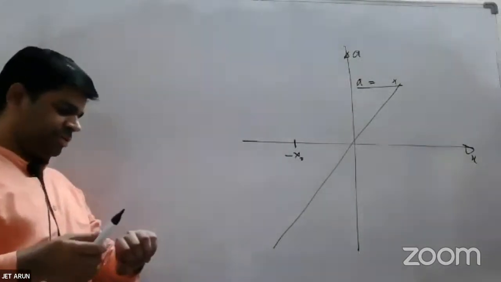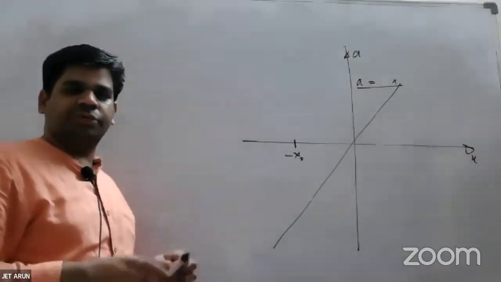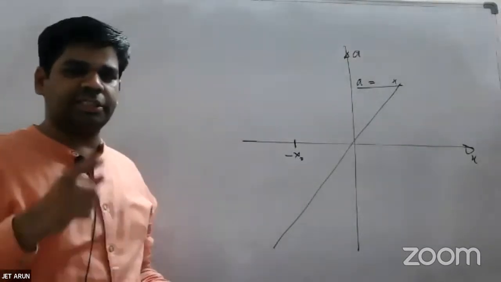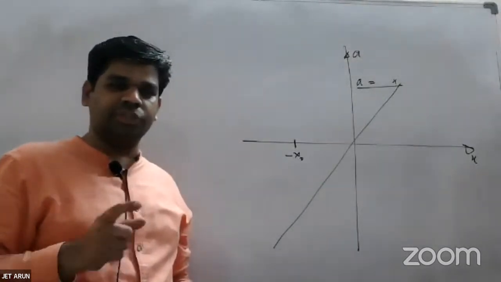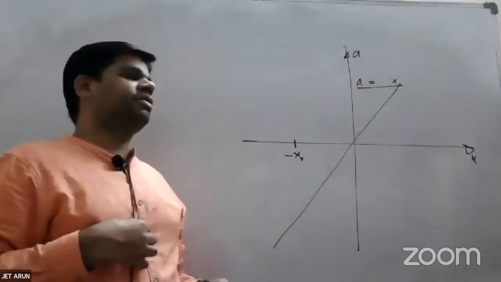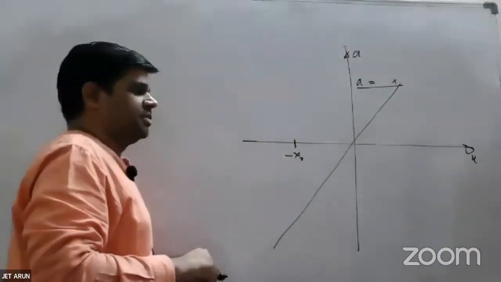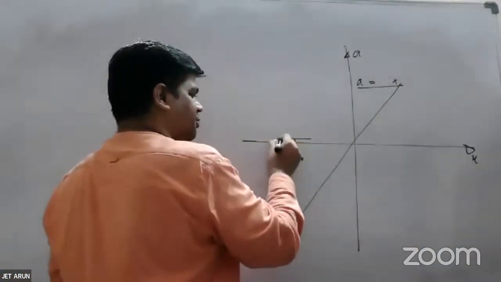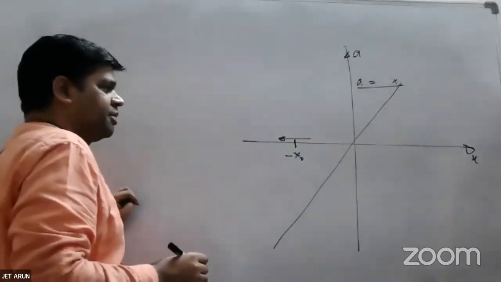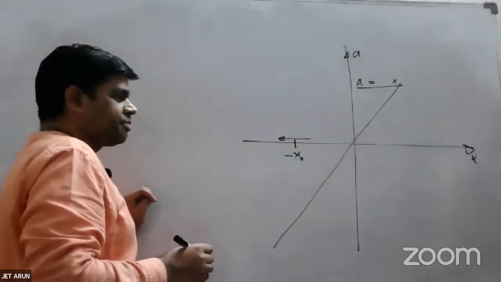Acceleration is negative, sir, so it goes to the left. So the left answer is the right answer. So yes, you are right. Bhavna, Hashini, you are right. Others, I hope you have understood.